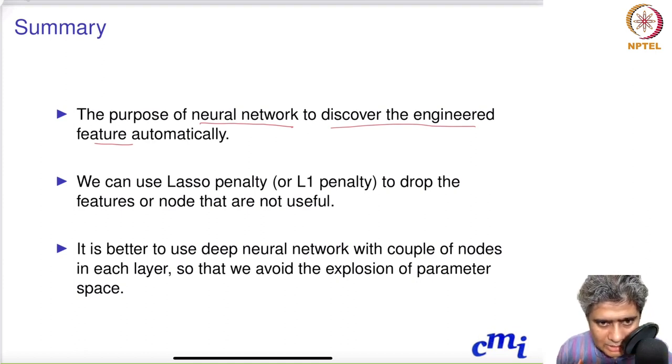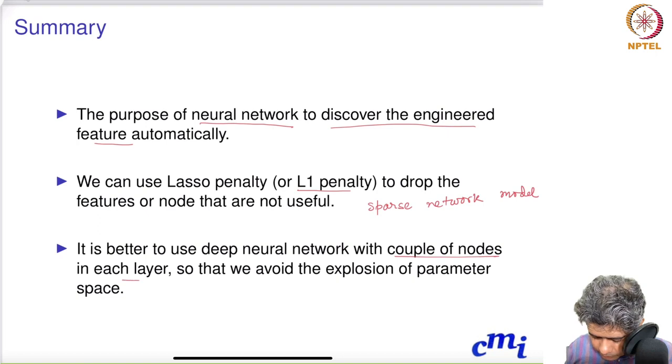So if my parameter space explodes, what we can do is put a very tough L1 penalty, a lasso penalty, to drop the features, push them towards 0 and make it a sparse network model. Okay, and then it is better to use a deep network with a couple of nodes in each layer, so that we avoid the explosion of the parameter space.